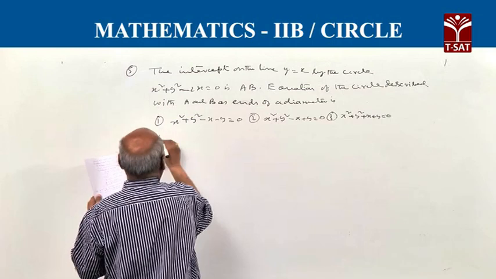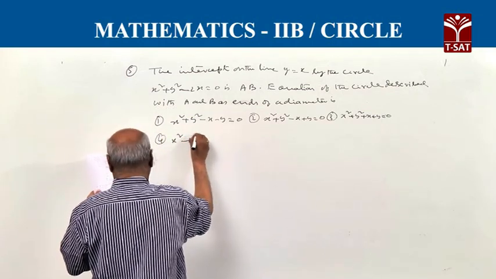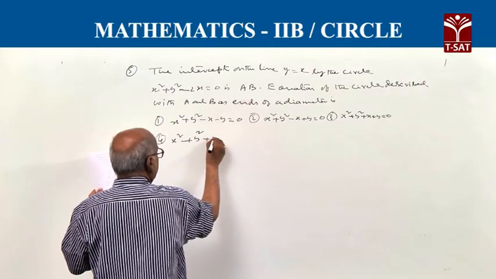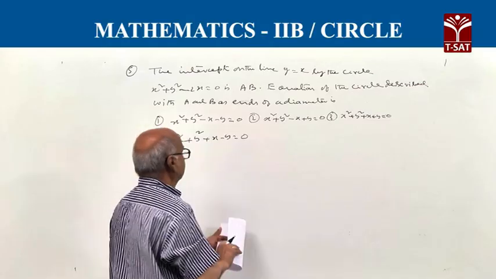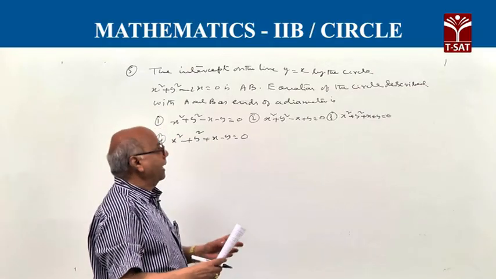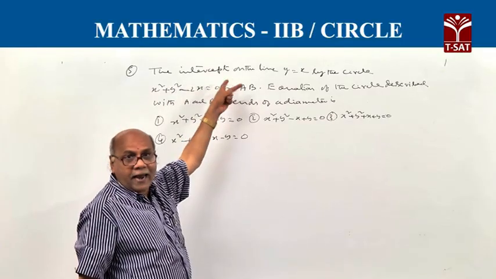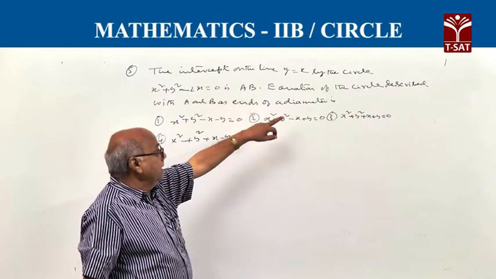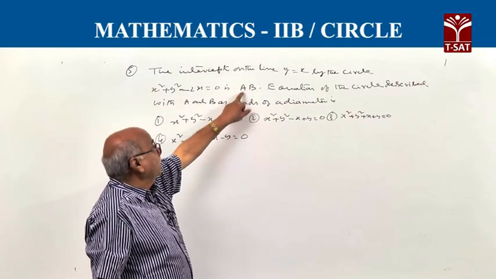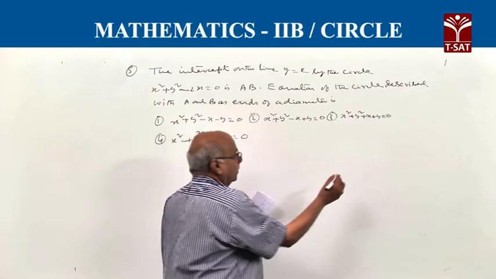And number 4, x square plus y square plus x minus y is equal to 0. Okay. The line y is equal to x intersects the circle in A and B, and the circle is described on AB as a diameter. Then the equation of the circle is asked.